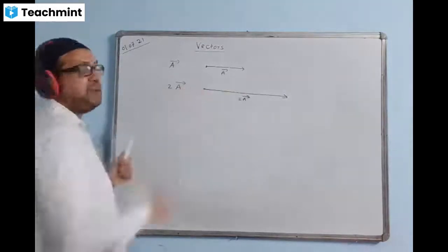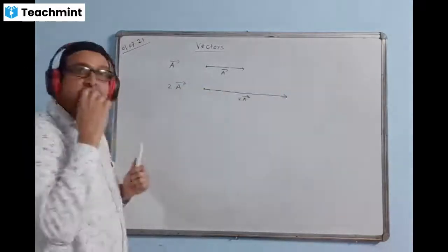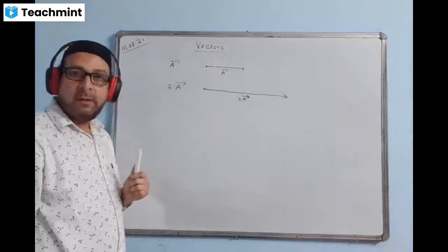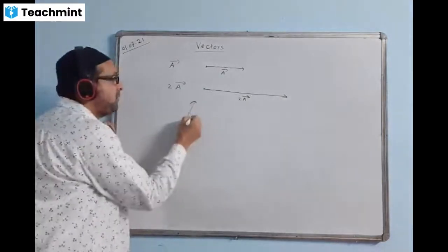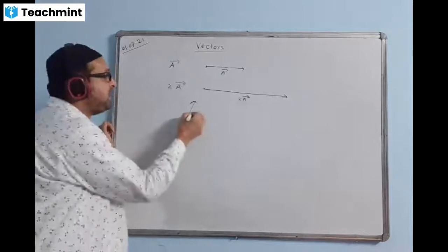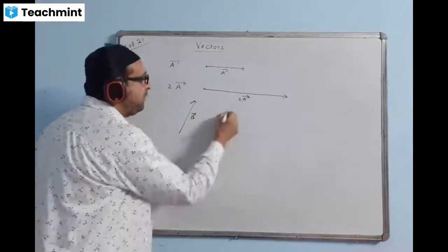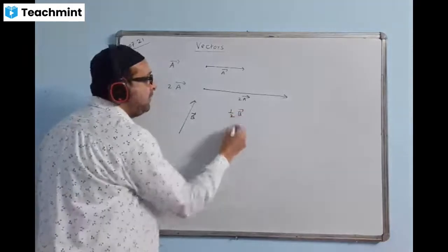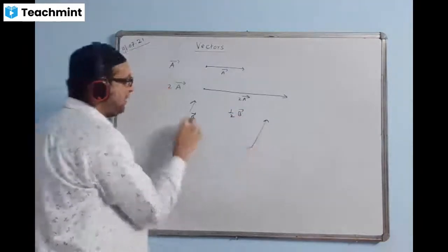If it is 3A, the size will get tripled. If it is 5A, the size will become 5 times more, but the direction will not change. If B vector is like this, what is the value of half B? How to show half B? The B direction will stay the same, only the size will be halved.